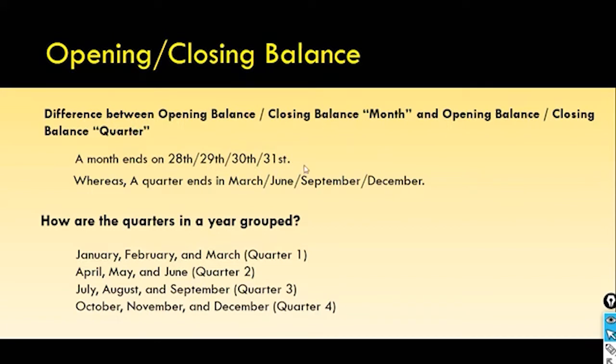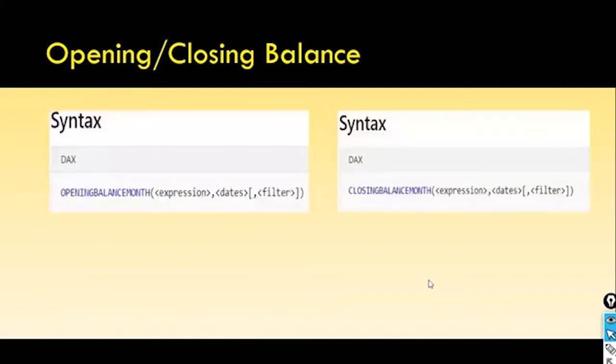Whereas the quarter ends in March, June, September, December. There are 4 quarters per year. In quarter 1 we have Jan, Feb, March, and quarter 2, April, May, June, like this.